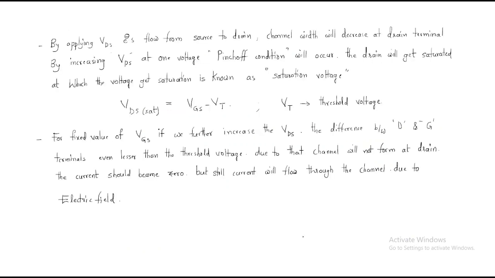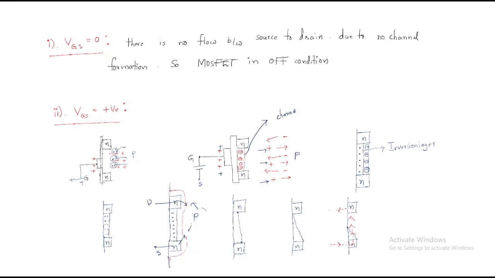Next, by applying VDS, electrons flow from the source to drain. So now we are applying VDS. Look at here, we are applying it at the source. This is always reverse biased, positive and negative, like that.